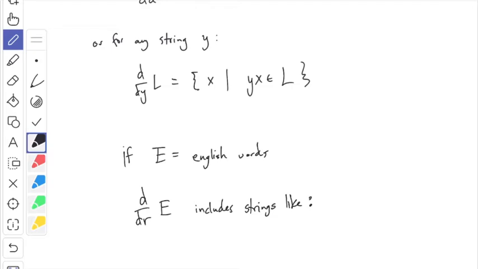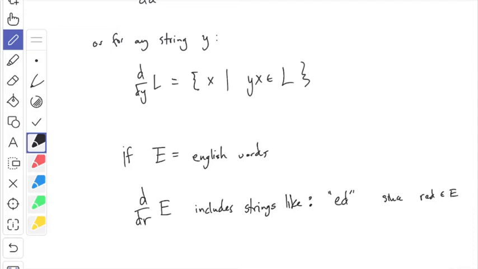So anyone want to toss out something that will be in this set? Ed. Ed? Okay, yes. Ed. Why is that in d_r of E? It's because red is a real word in E, since red is in E, right?